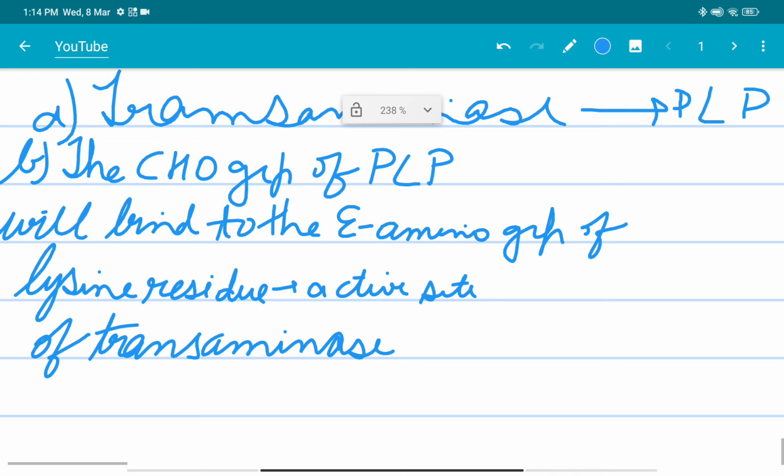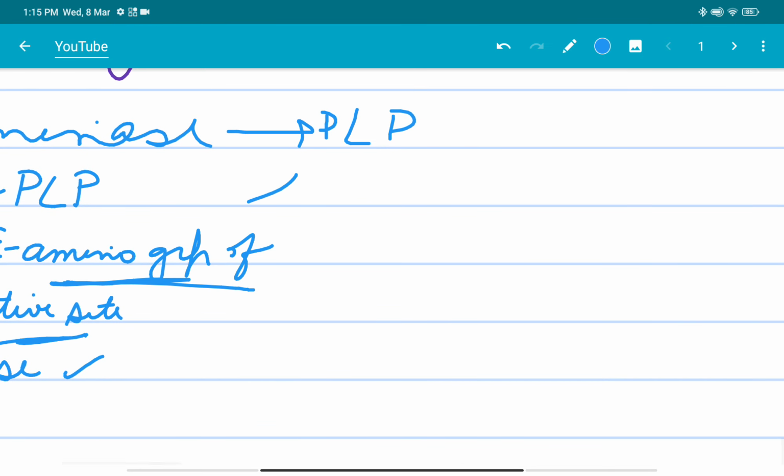The epsilon is the position of the carbon. So epsilon is that carbon to which the NH2 group is connected. The aldehyde group of the PLP gets connected to the epsilon amino group of the lysine residue at the active site of transaminase in order to form a Schiff linkage. Which linkage? Schiff linkage.